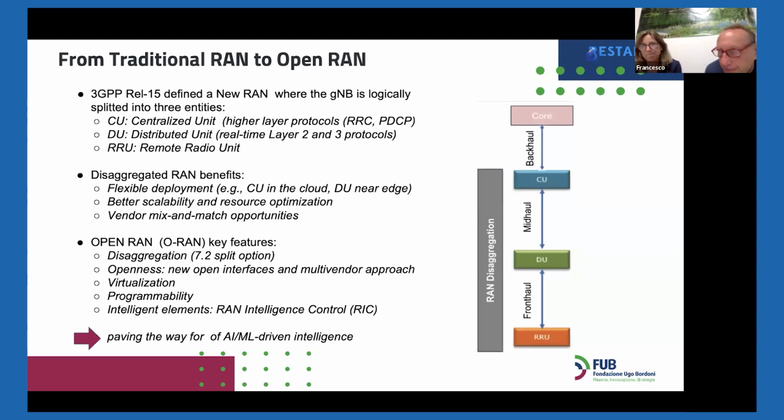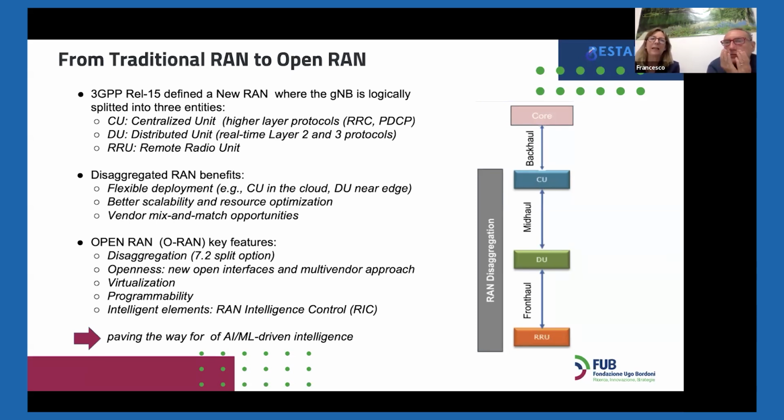And this is with ORAN, and this is with the 3GPP. The ORAN Alliance builds on this disaggregation proposed and standardized in 3GPP, but extends the level of disaggregation. Because in this disaggregation, the functions developed by the different units can be different.